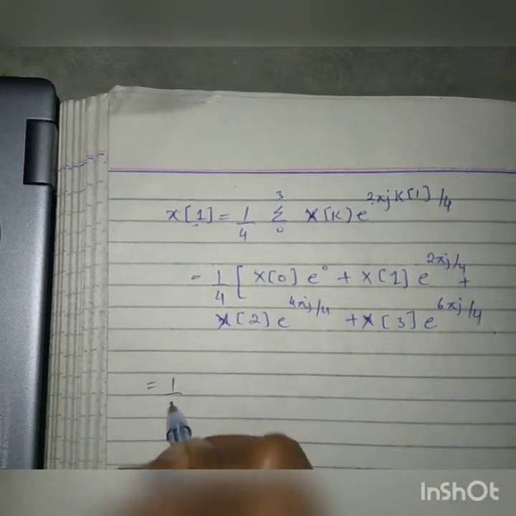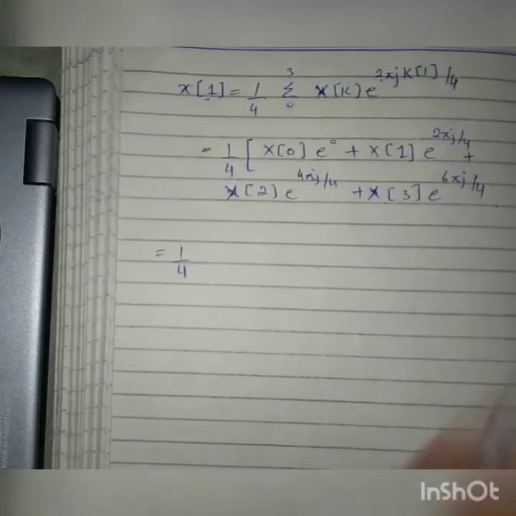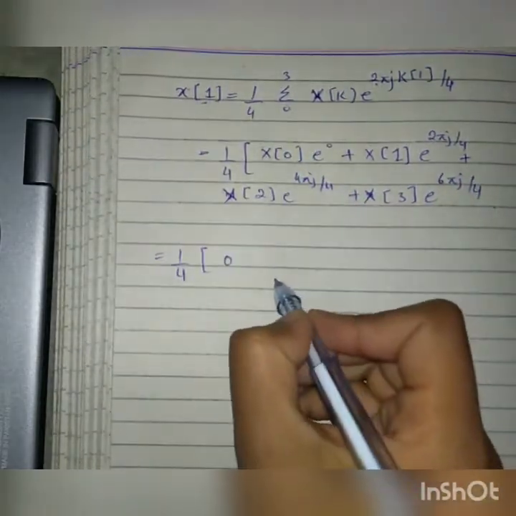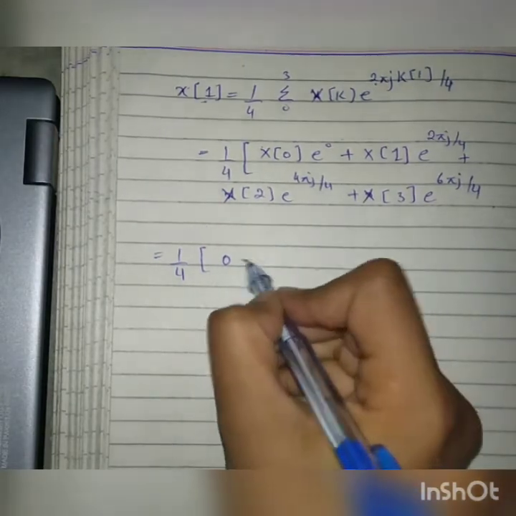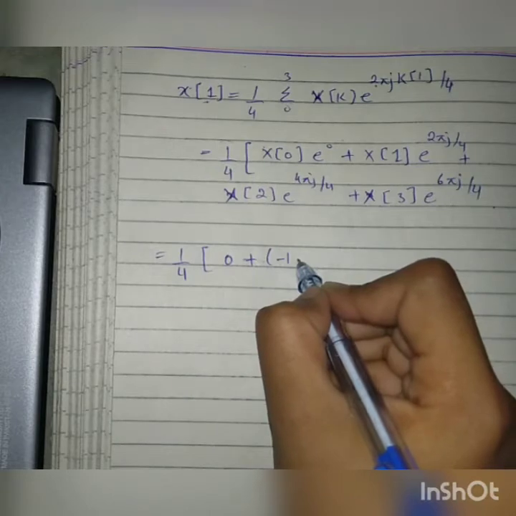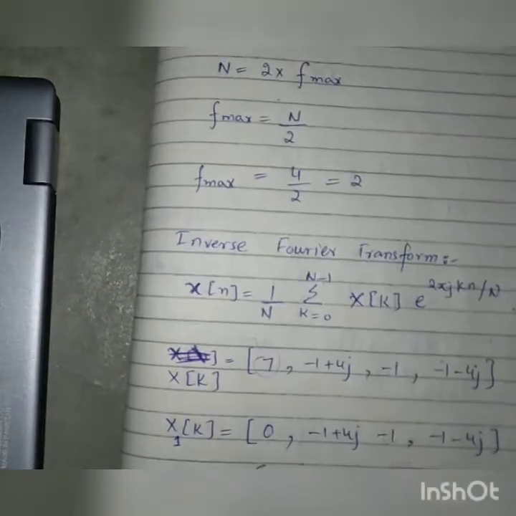So we will have 1 by 4, x of 0 was 0 plus x of 1 was minus 1 minus 4 plus 4j.